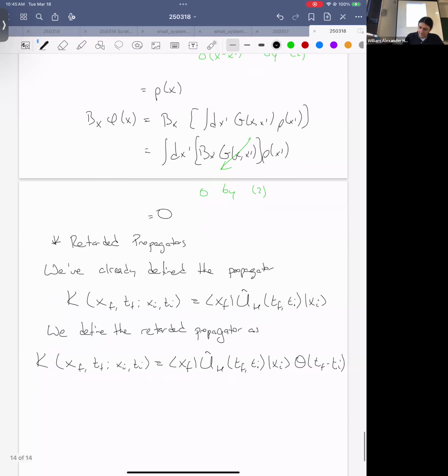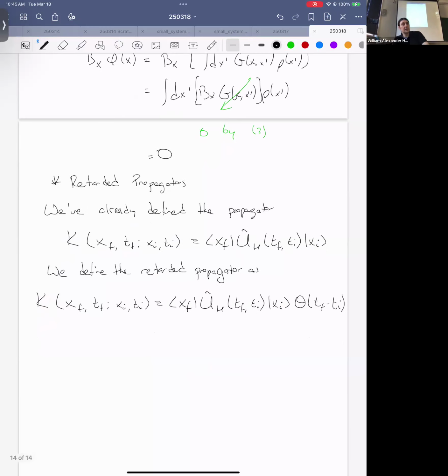And I choose the word retarded purposefully because it's an analogy to the retarded Green's function, which you may have seen at some point in electromagnetism. I think I got a nod. Well, in electromagnetism, you're introduced at some point to the idea of Green's functions and the idea that you can take initial conditions, like your initial distribution of charges, and propagate that to a potential at some distance away.